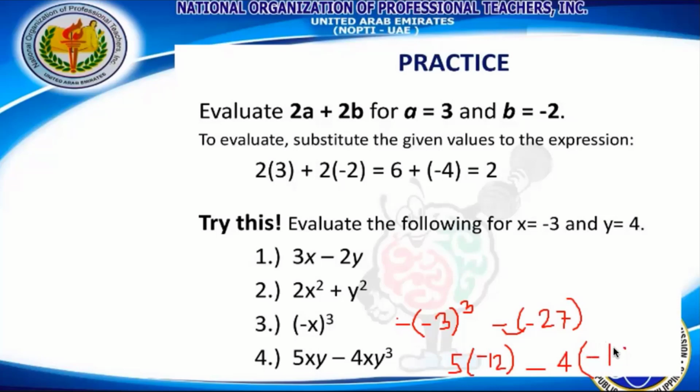Negative 192. Tama? Kasi negative 3 yun. So, 192 times 4 is 768. Ito is 60. So, tama. 708. Okay?